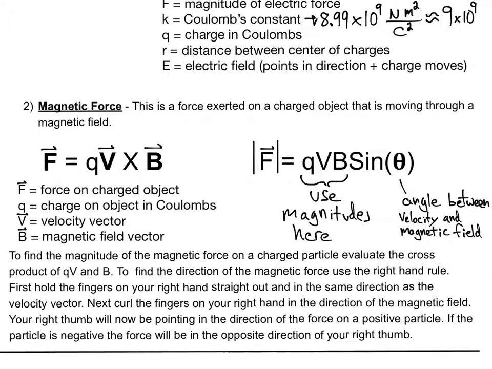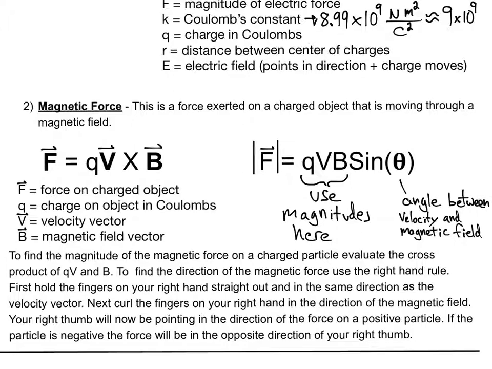You don't need to know too much about it now, but I just wanted to introduce it. This is a shortcut to evaluating this cross product. To really evaluate a cross product, you need to use a matrix and find the determinant of a 3x3 matrix. I'll show you an example of that, but it's not something you're going to have to know how to do.